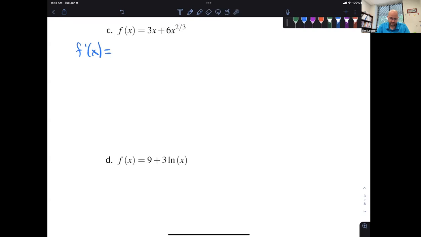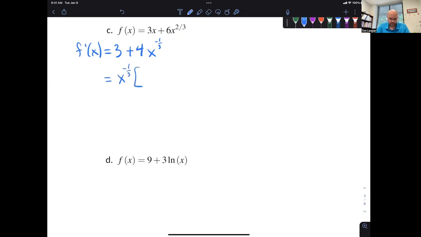Now, the derivative of 3x is 3, and the derivative of 6x to the 2/3 power using the power rule: 6 times 2/3 is 4, plus 4, and then x to the 2/3 minus 1 is negative 1/3. Now, because I have a negative exponent, I'm going to factor out the x to the negative 1/3 power.